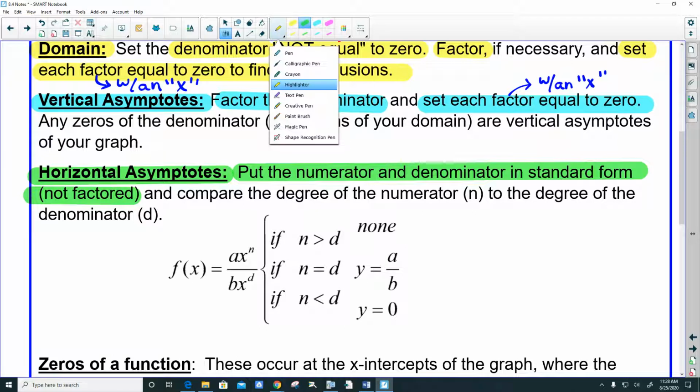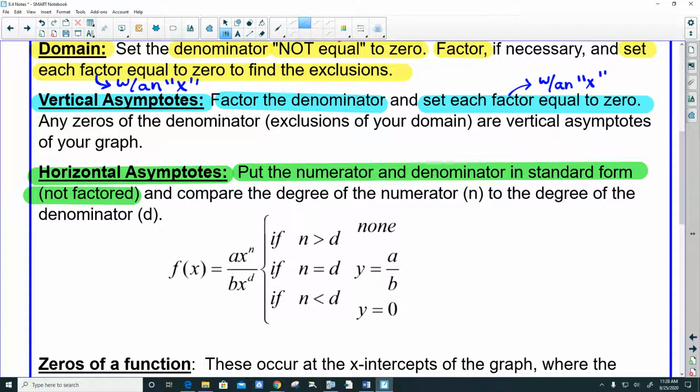So if you need to remultiply things back together, you would want to do that. Okay, and what you're going to be comparing when you're trying to find the horizontal asymptotes is the degree of your numerator, which I'm going to refer to as n, to the degree of your denominator, which I will refer to as d. And you're going to use this chart below here. Okay?